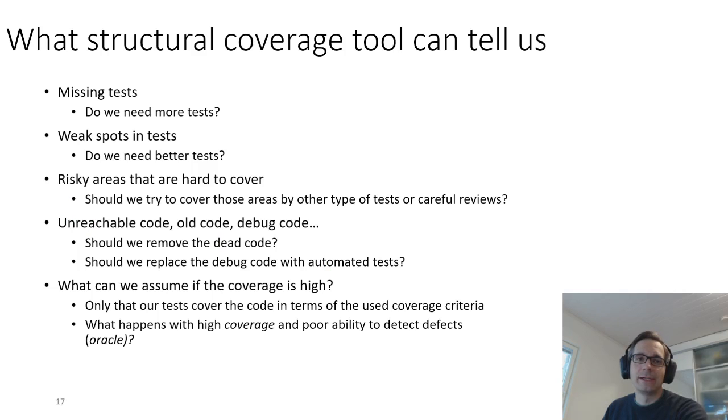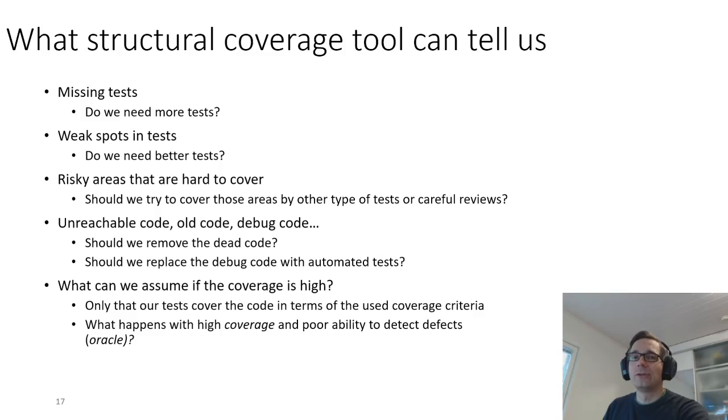So if you have areas where you reach only like 30% of statement coverage in testing, and it's difficult to go much higher than that, then it might be a good idea to do some type of other quality assurance like reviews. It can point out unreachable code, old code, dead code that perhaps should be removed. So it can also give an indication of the maintainability of the source code, but this is not its primary purpose.